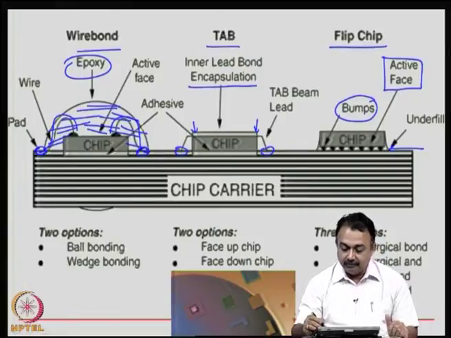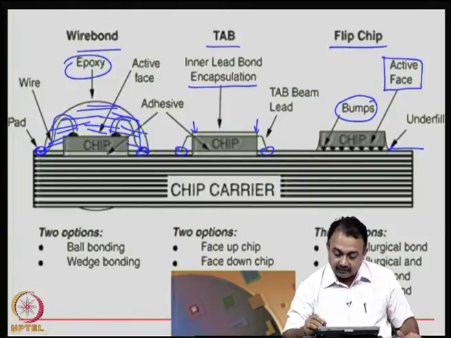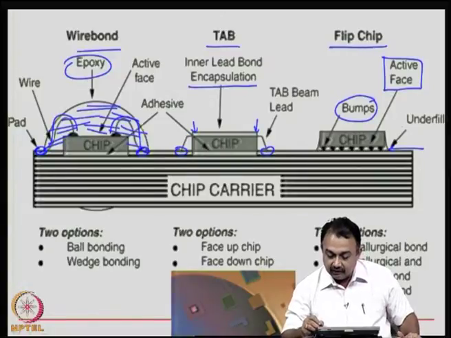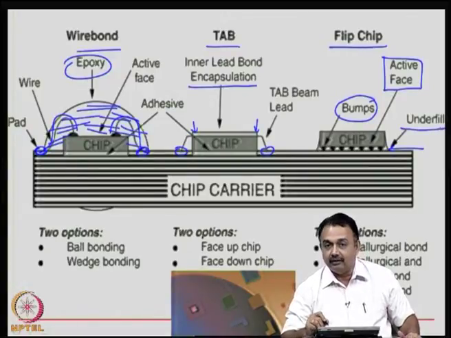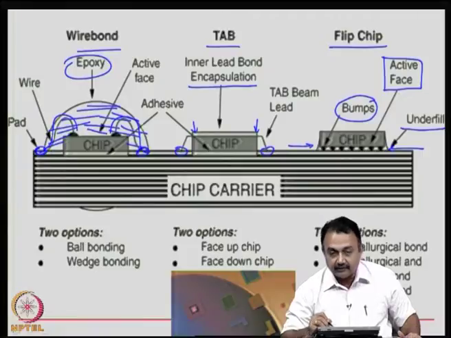But in a flip chip you typically do not have an encapsulation. As you can see in this figure, there is no encapsulation process, but we use a process called underfill technology, which is to protect the die. As you can see here, there is a small gap between the die and the substrate where the bumps are present.